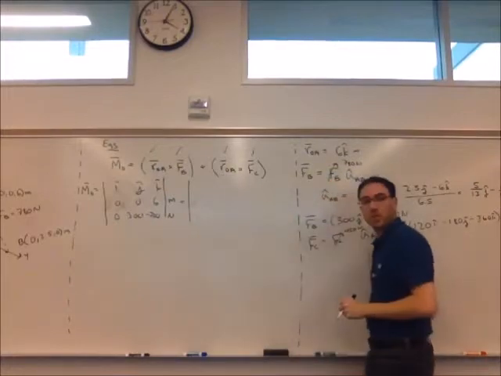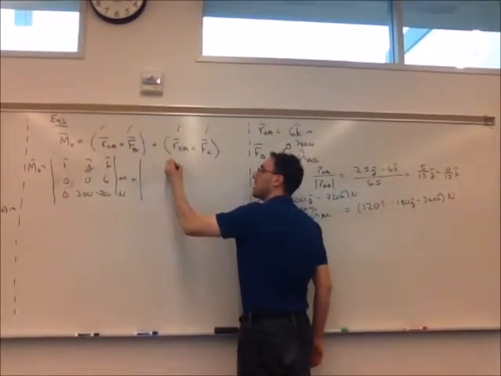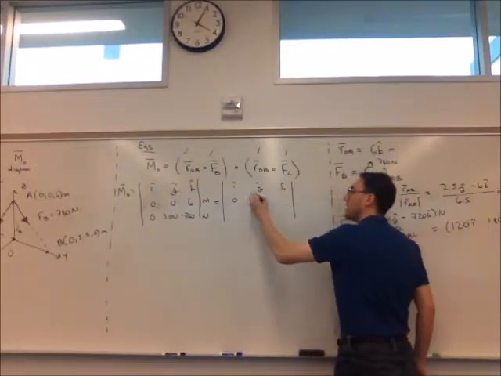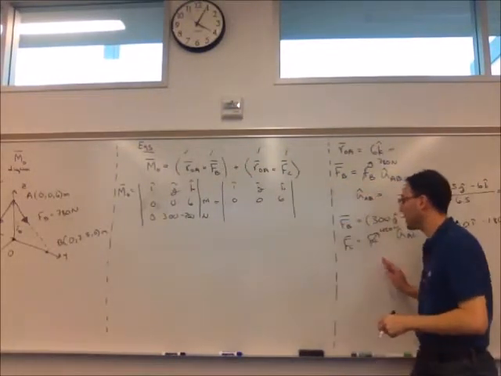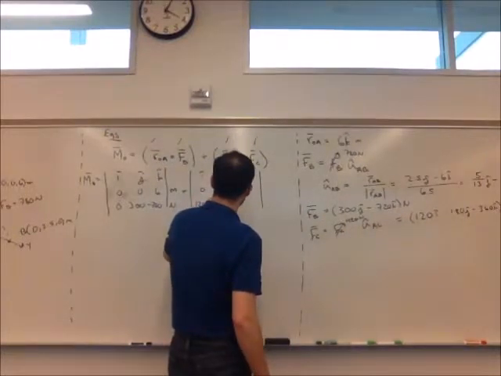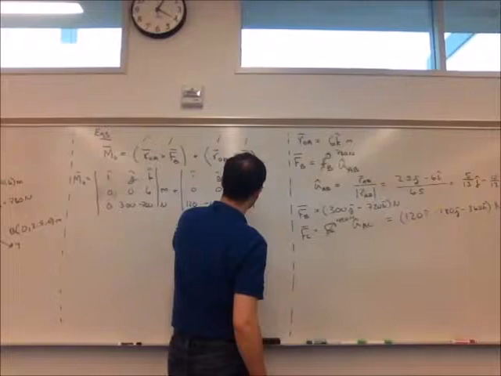And now we want to expand this cross product into its determinant. And the components of FC, this will have all three: 120, negative 180, minus 360.